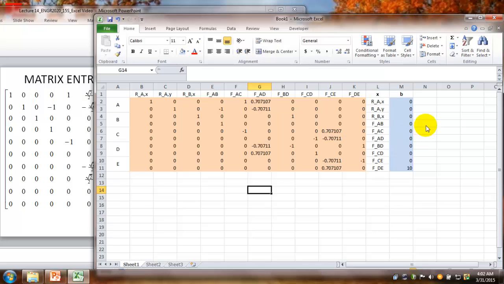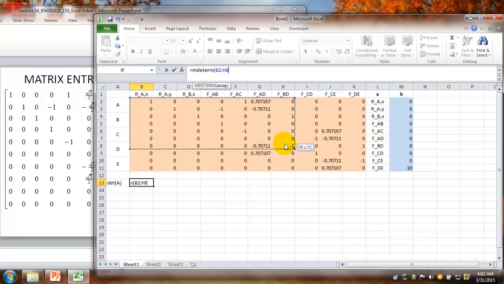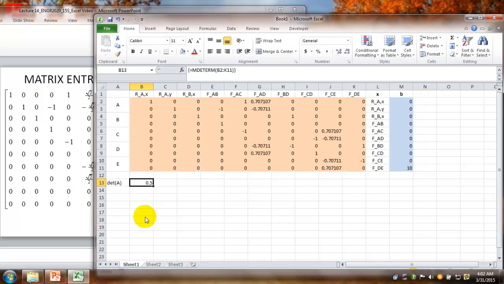And first and foremost, I have to check whether the determinant of this matrix is 0. And the command is MDETERM. The array is this one, and then press Shift Control Enter simultaneously, and it gives 0.5.